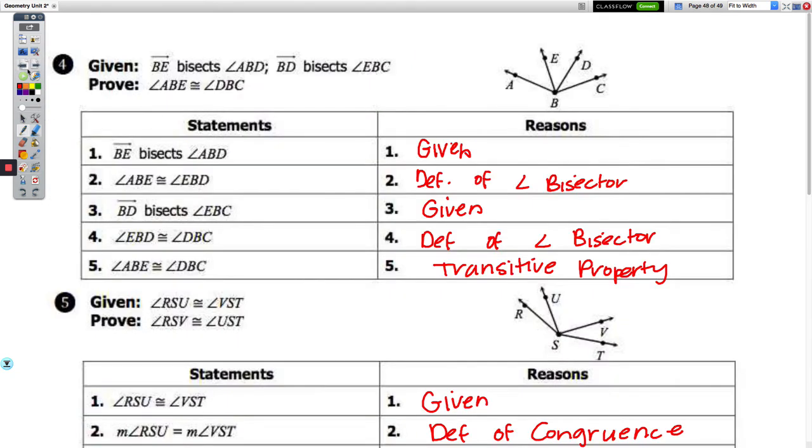So in our proof, it says that ray BE, that's this ray right here, bisects angle ABD. So that's going to mean that angle ABE is congruent to angle EBD.